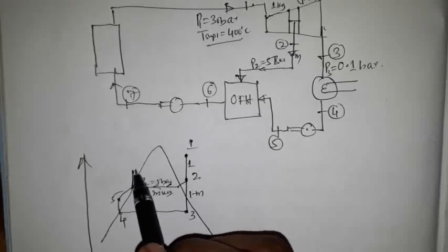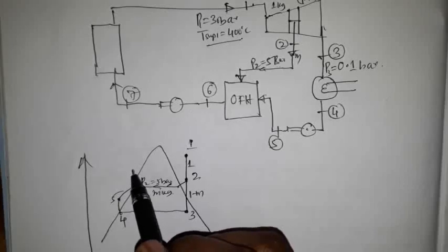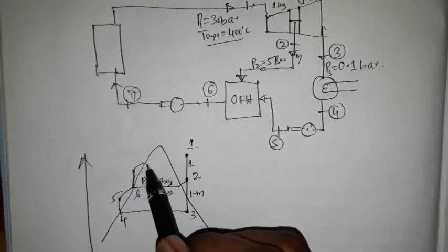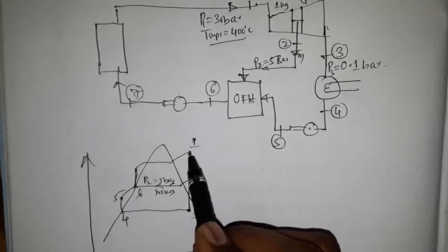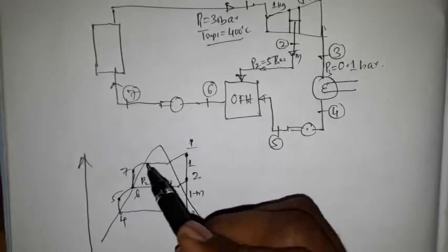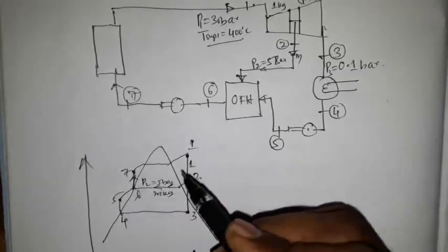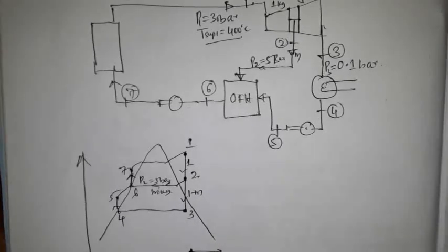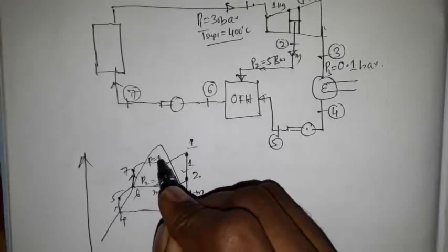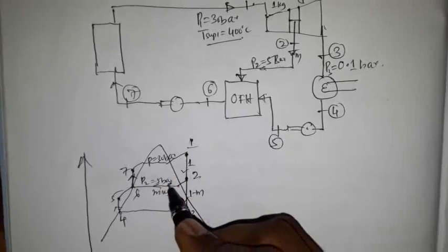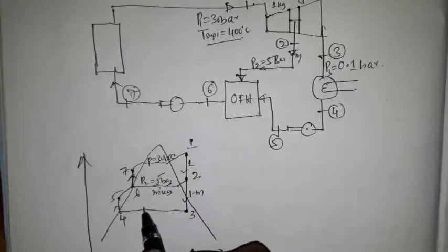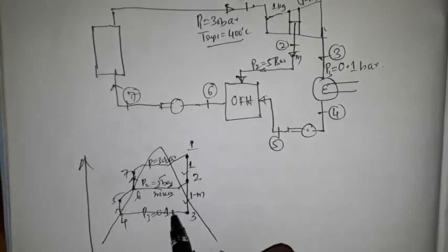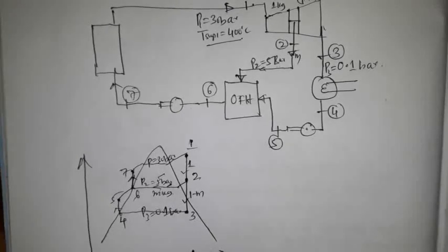From 7 onwards the heat is applied inside the boiler and it gets heated. So this is how the TS diagram is drawn for the present problem. This is P1 30 bar, P2 5 bar, and P3 is 0.1 bar pressure.